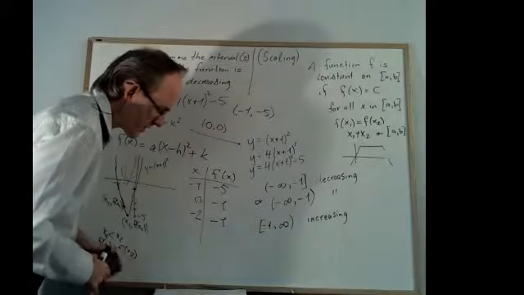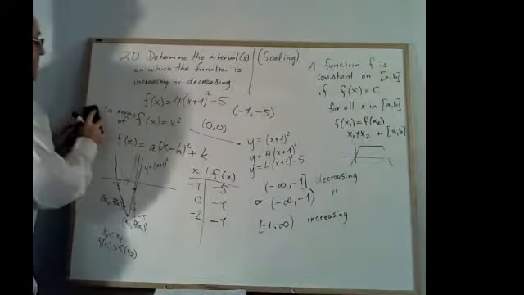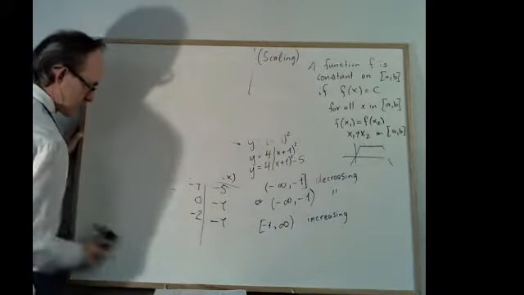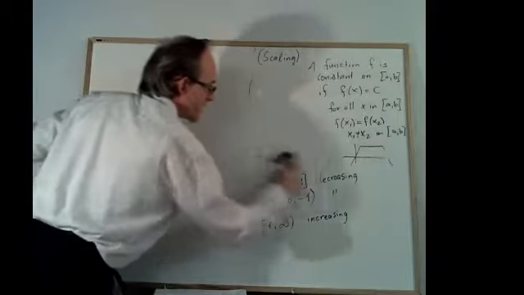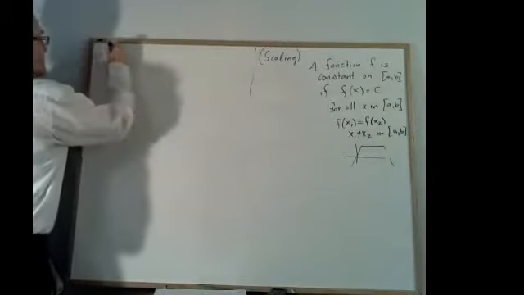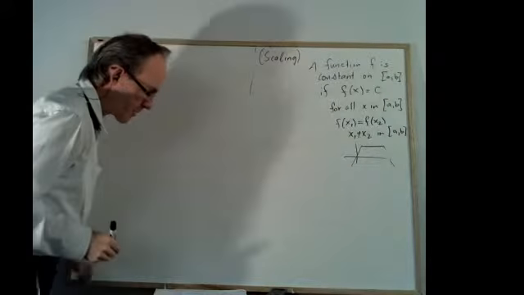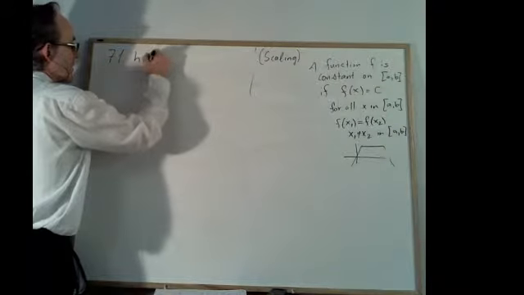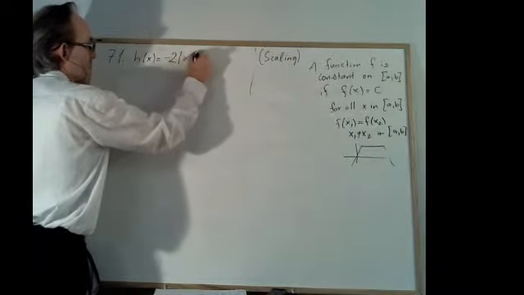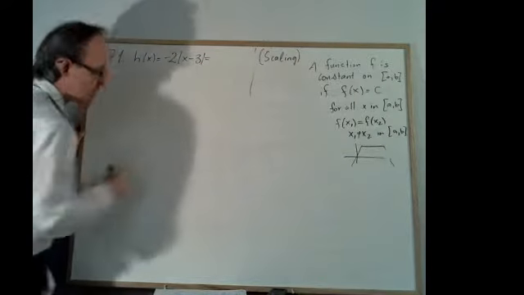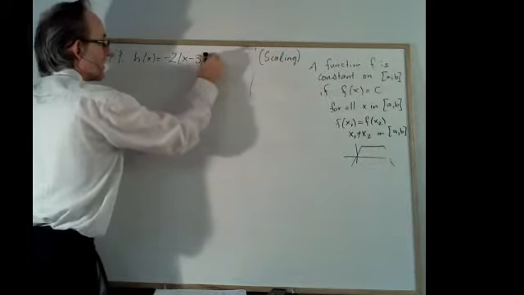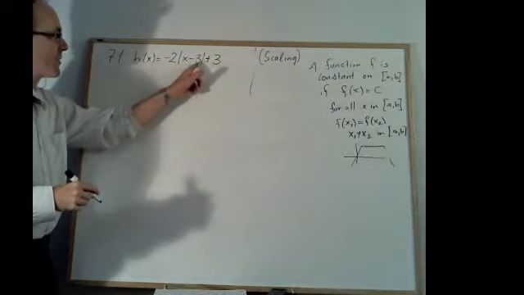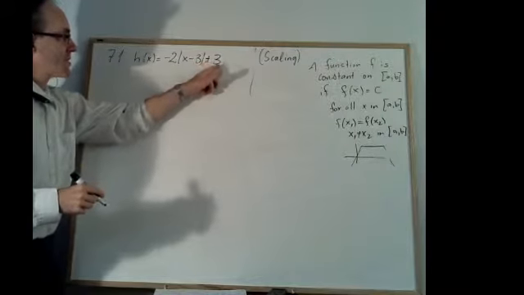Next question, 71. In the same section, 3.5. h of x is equal to minus 2 absolute value of (x minus 3), with the brackets inside the absolute value, and then on the outside, plus 3.